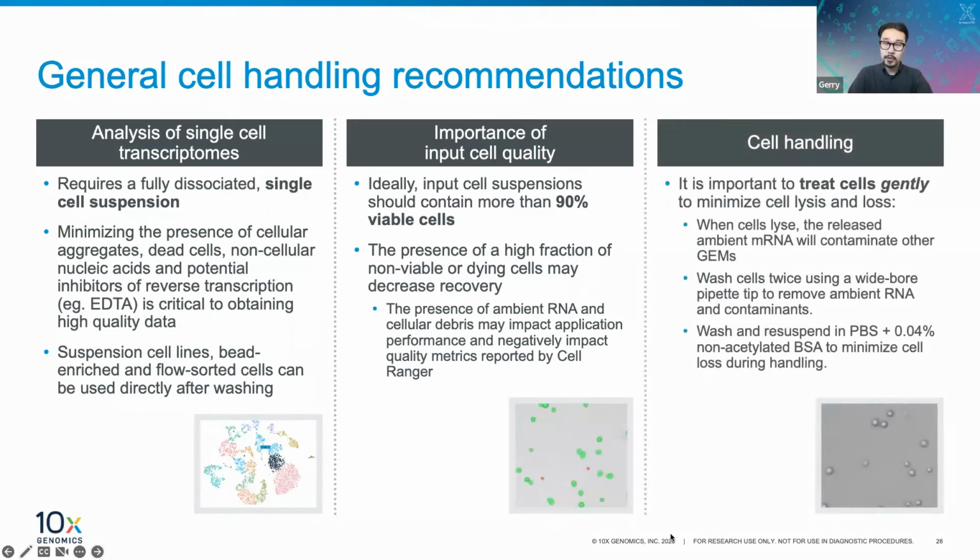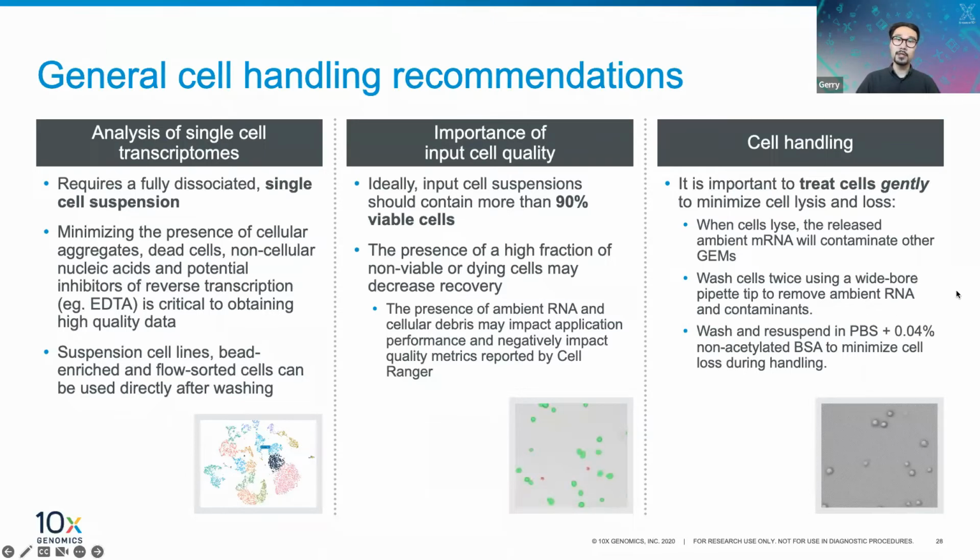It's very important to treat your cells very gently and to minimize cell lysis and loss. When cells lyse, they will release ambient mRNA and contaminate other gems. We recommend that you wash your cells twice before loading onto the chip with a wide bore pipette tip to remove any ambient RNA and contaminants.